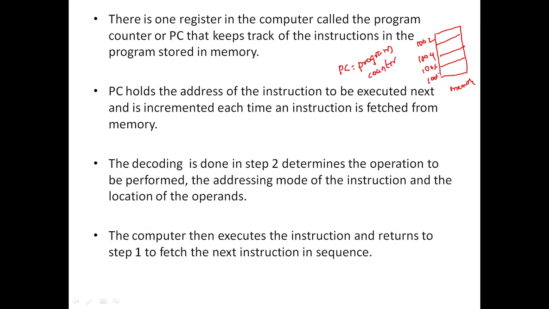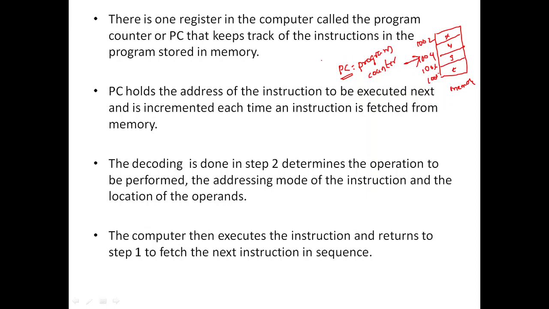So what is the task of the program counter? It keeps track of the instructions in the memory where the programs are stored. Suppose in 1002 the X instruction is there, then Y, S, T. These are the instructions stored in particular memory locations. Suppose the CPU is currently executing the 1004 instruction.